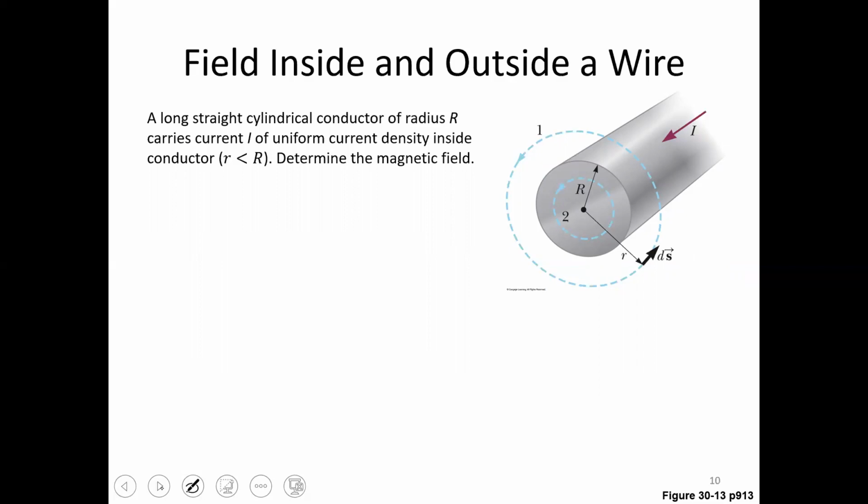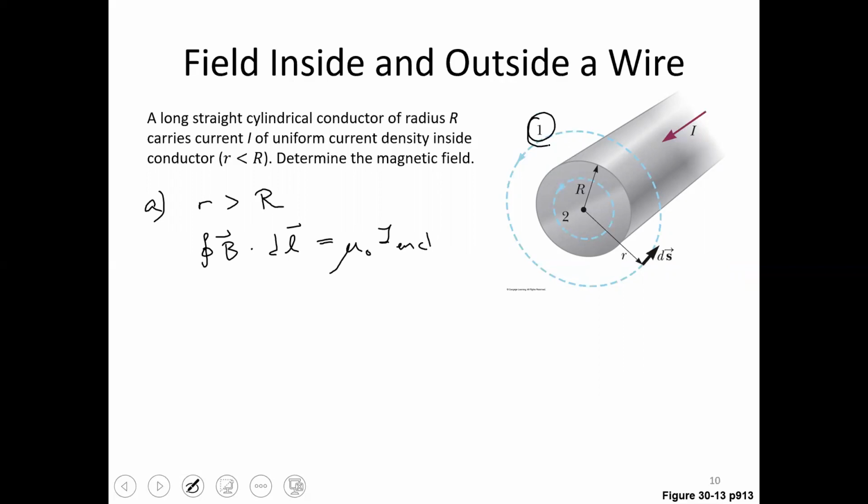So I'm actually going to start with the easier case. Let's start with the case where we're looking outside the conductor. So outside the conductor, if I use Ampere's law, I am going to use the integral of B dot dl. It tells me something about the current enclosed.